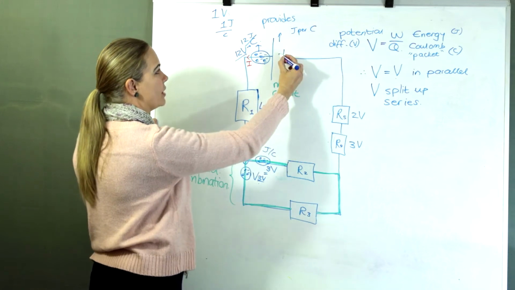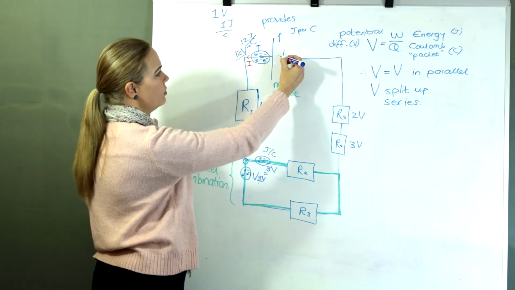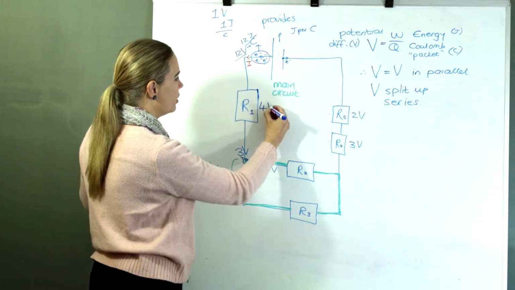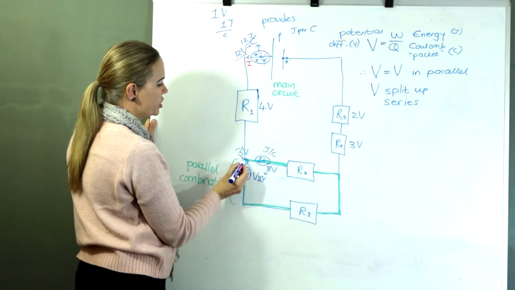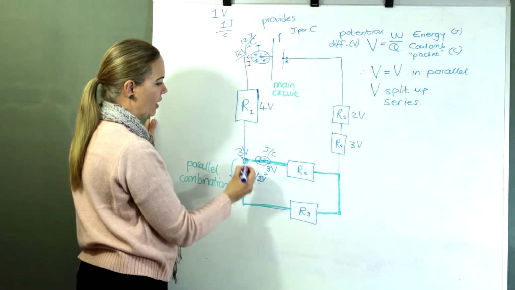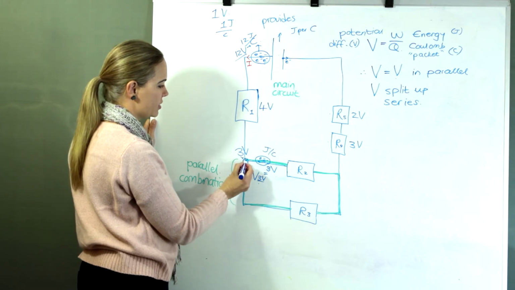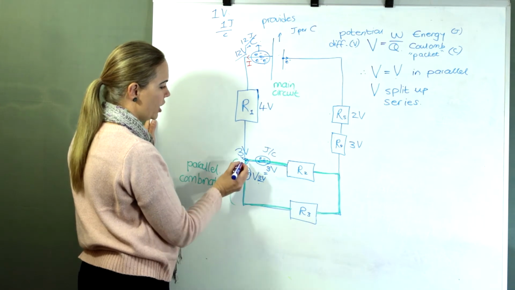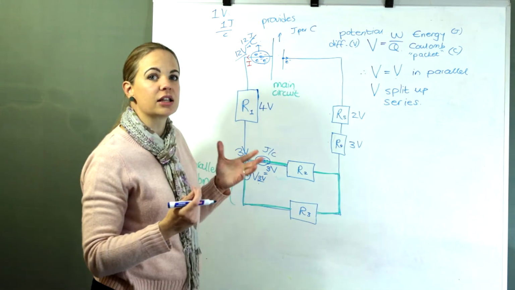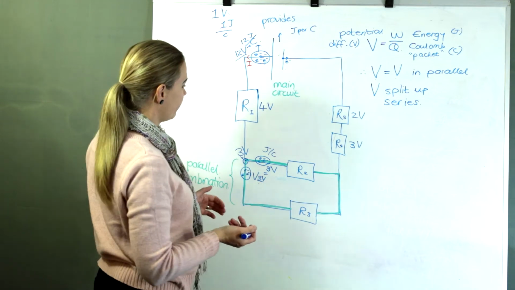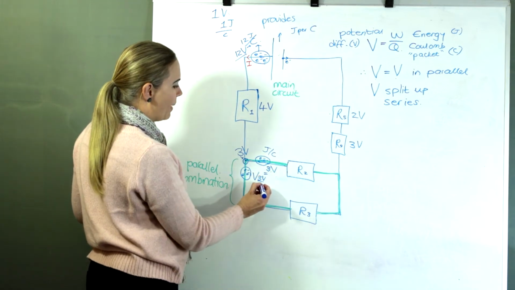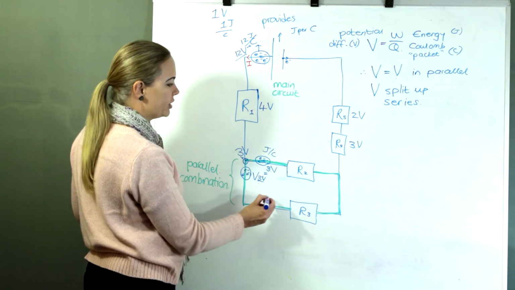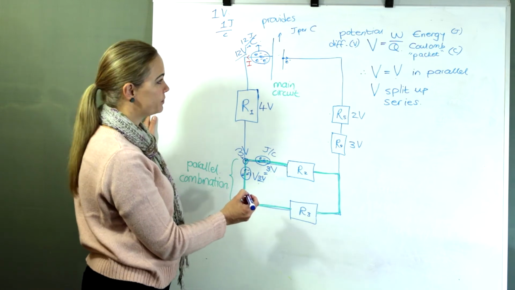All right, so again, the battery provides joules per Coulomb, it provides potential difference, and then the components use up the potential difference, and all of the branches in parallel get the same amount of potential difference. 3 is equal to 3 is equal to 3, because at this split, there's nothing that will use up any volts. That doesn't mean that there's 3 plus 3. 3 is equal to 3. The volts did not get split up into 2 groups of 3.